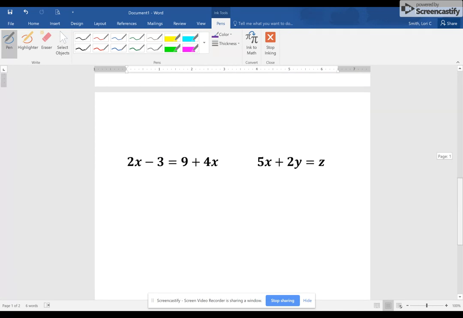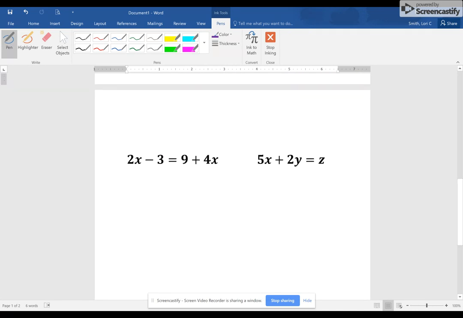Okay, now we're going to look at some more complex equations. First, we're going to begin with 2x minus 3 equals 9 plus 4x. To begin, we are going to get our variables on the same side. So I'm going to move the 2x to the other side, and I end up with negative 3 on the left and 9 plus 2x on the right.